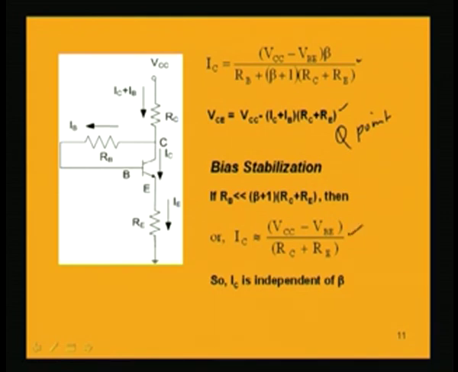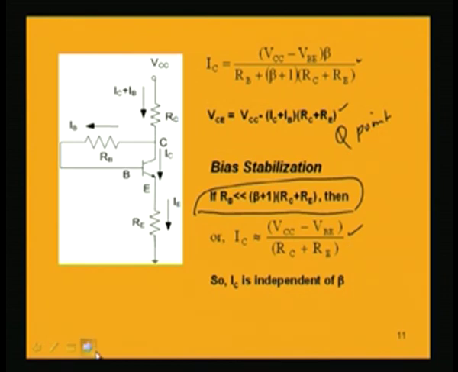So, here we are getting rid of the beta term. We have made IC independent of beta provided we keep RB very small as compared to (beta plus 1) into (RC plus RE). So, you have to design the circuit keeping this criterion in view; only when it is met can the collector current be made insensitive to beta.